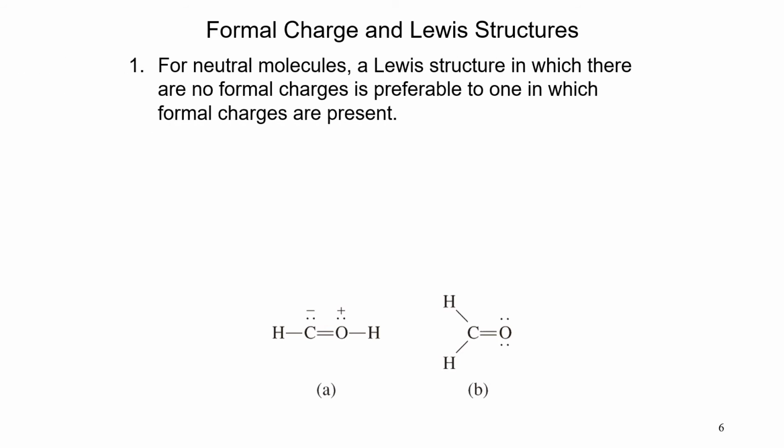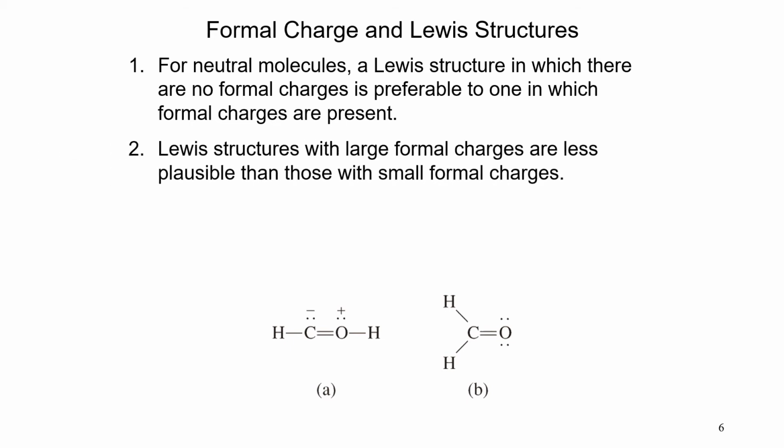So, summarizing some of these rules, for neutral molecules, a Lewis structure in which there are no formal charges is preferable to one in which formal charges are present. Lewis structures with large formal charges are less plausible than those with small formal charges.